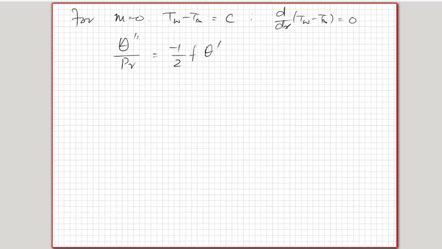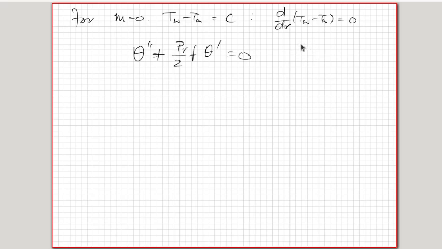Okay, if I bring both to one side, it will become plus, and I can say this is equal to 0. Or if I multiply throughout by the Prandtl number, I'll take out this Pr here and write it here. So, to make it look neat, theta double prime plus Pr by 2 into f theta prime is equal to 0.